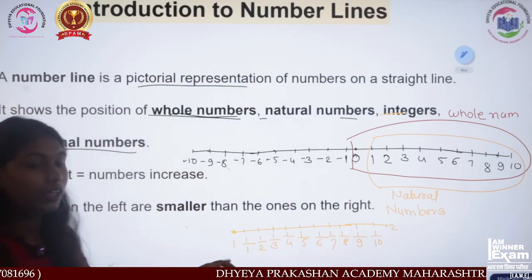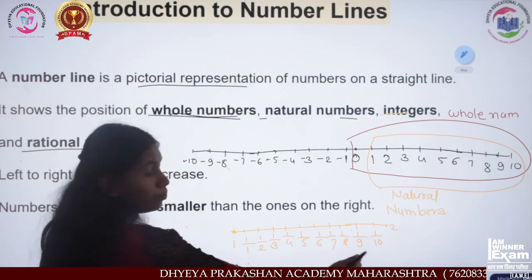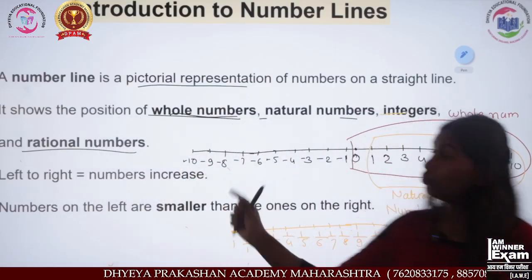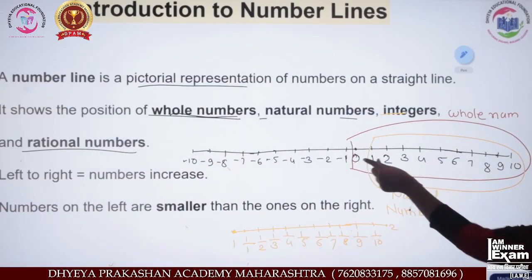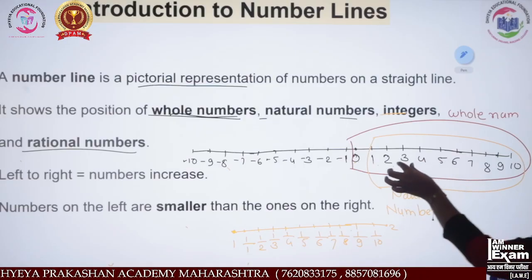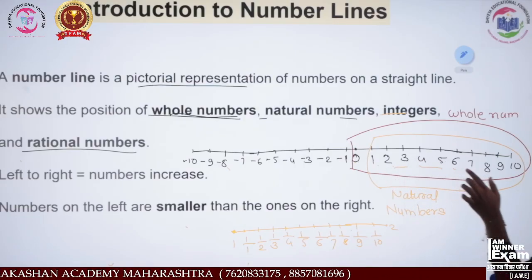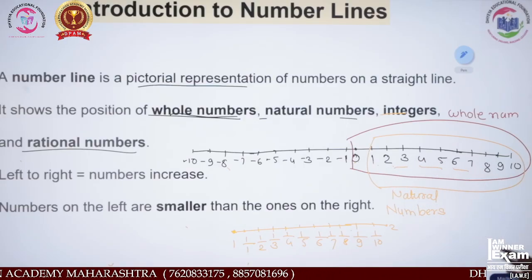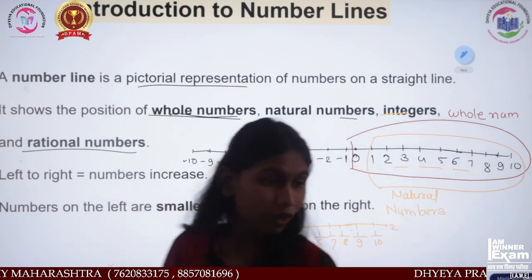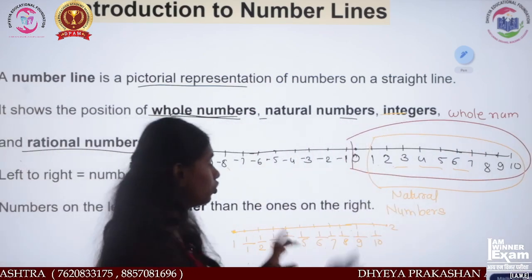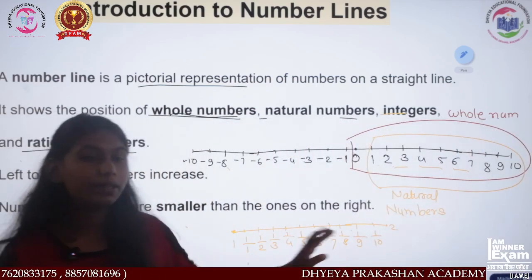So like this, these numbers are in the middle of every two numbers: 0 to 1, 1 to 2, 2 to 3, and for every number, there are numbers like this in the middle.